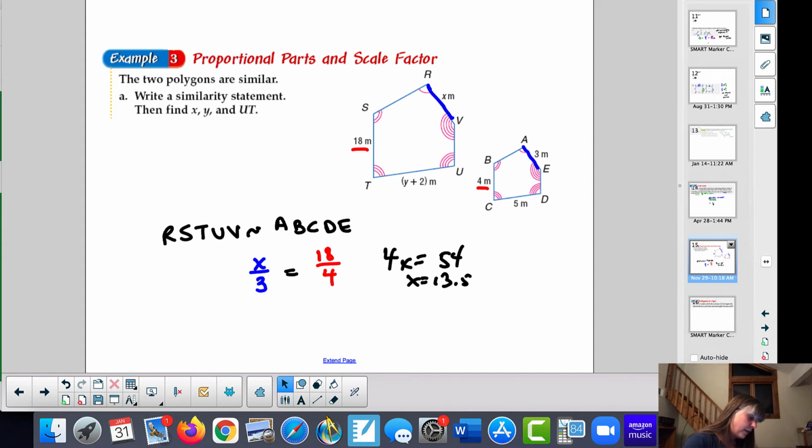We're going to take the part that has y in it and make a ratio with its corresponding side. But once again, I'm going to set it equal to the ratio that I know for both sides, where I know both of them. And then I'm going to solve that one.